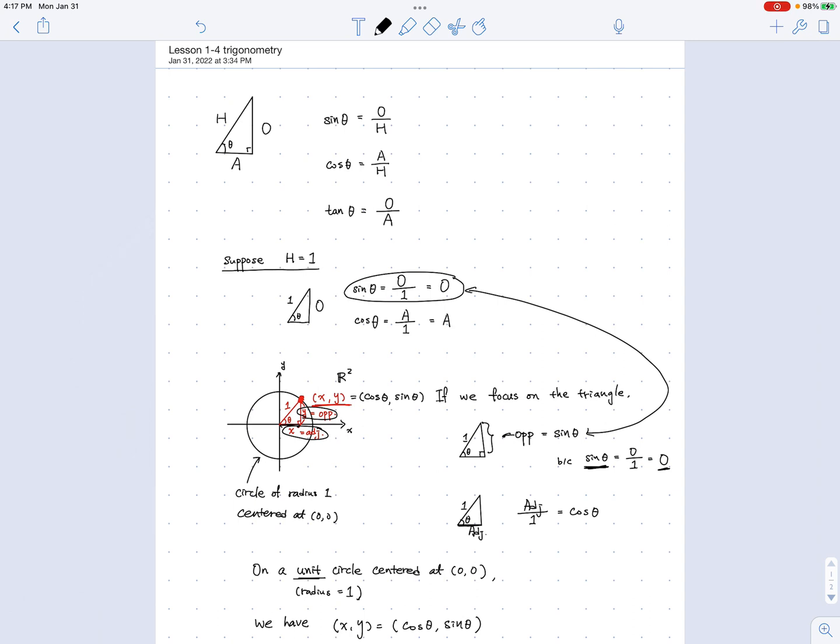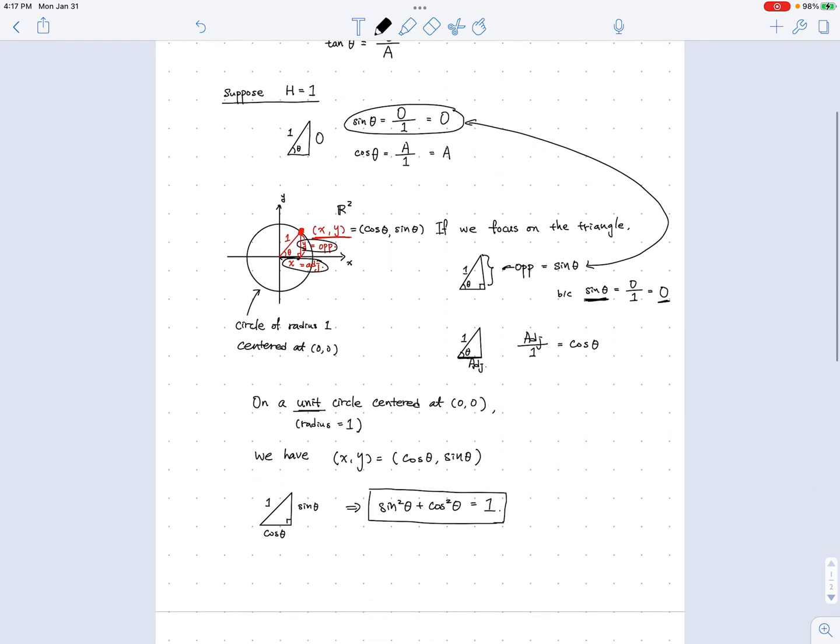Okay, but I put it under the trigonometry part. Okay, so we started with the definition of sine theta and cosine theta from a right triangle, and we look at the special case when the hypotenuse is equal to 1. Then the formulas become a little simpler. The side length of the opposite is equal to sine theta, the side length of the adjacent is equal to cosine theta.